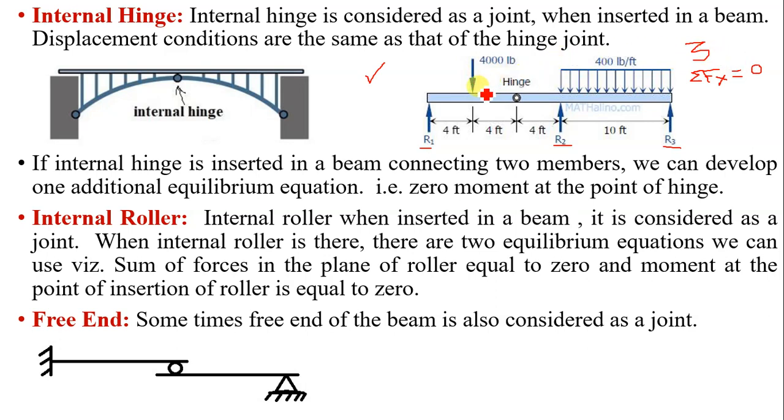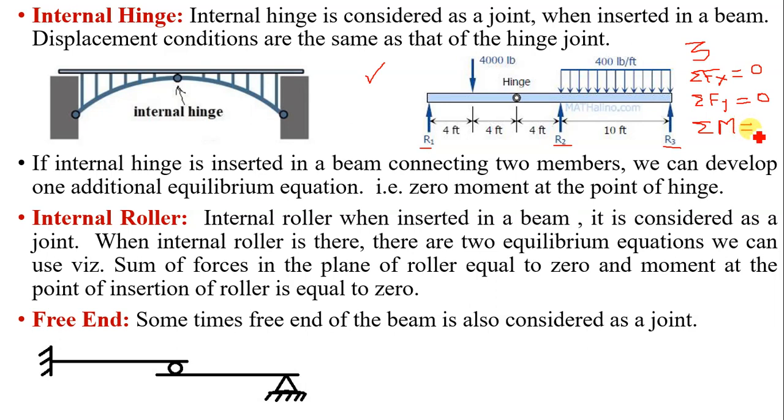Beams are mainly designed to support vertical loads. So here we can use only two equations, summation Fy is equal to 0 and summation M is equal to 0.